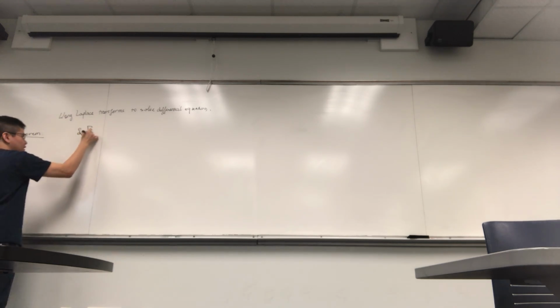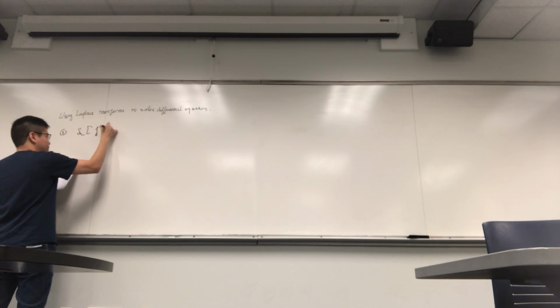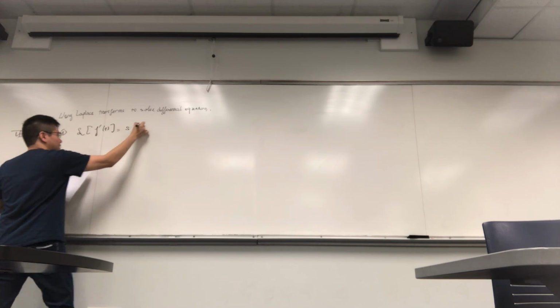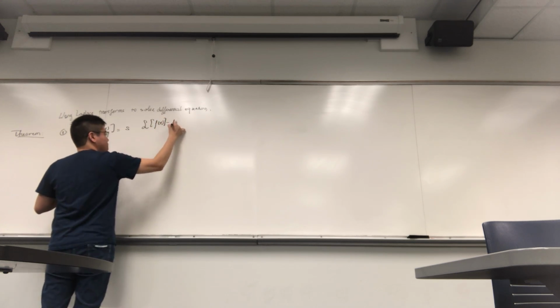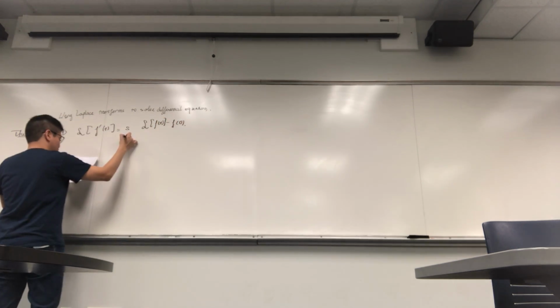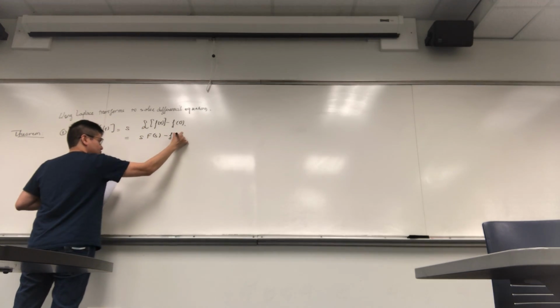Right. So first we have the theorem. The theorem says that the first thing is the Laplace transform of f prime will be s times the Laplace transform of f minus f(0). So this is s times F(s) minus f(0).